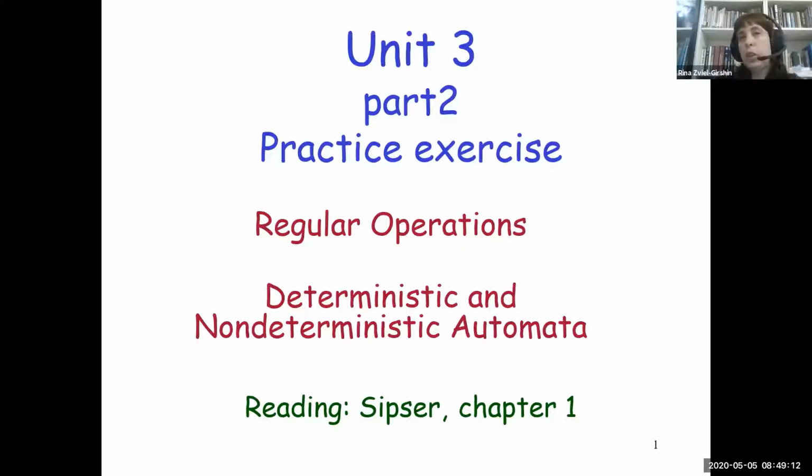Please pay attention that homework 3 was delayed till Sunday. Homework 4 will be at regular time, but I gave you less homework. Homework 4 is actually a relatively easy homework.